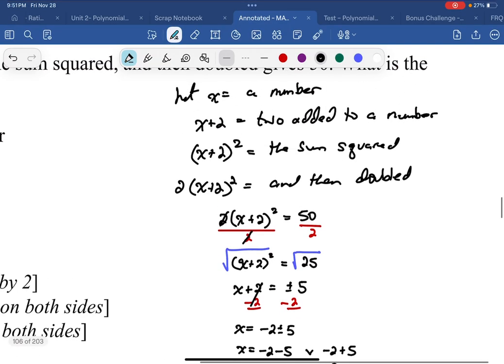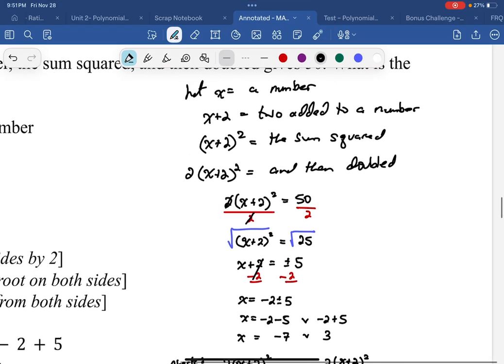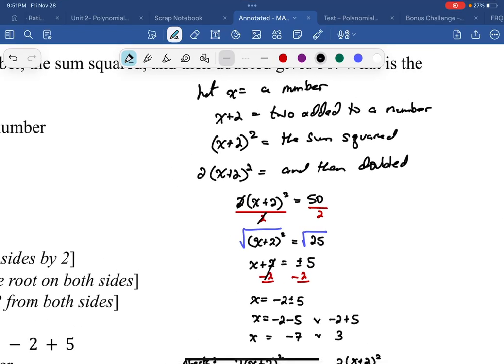So if you want to believe that I applied the Hindu inversion method, by listing this out and then going through and saying, and then I doubled, okay, that means I halved. And the sum squared, so square rooted. 2 added to a number, subtract 2 from the number.